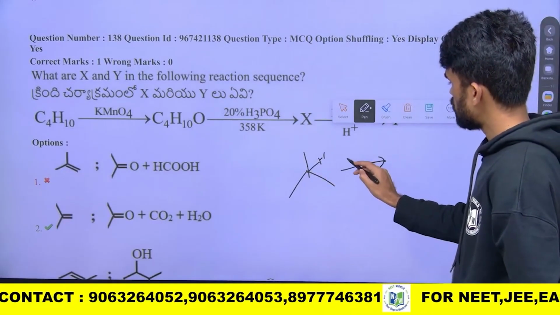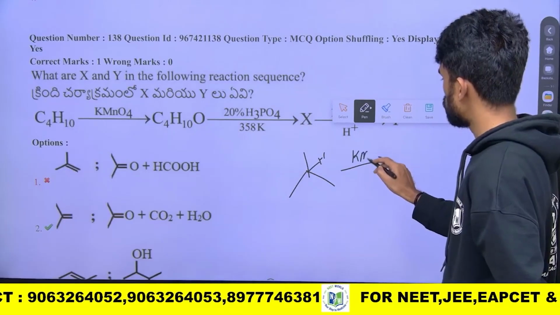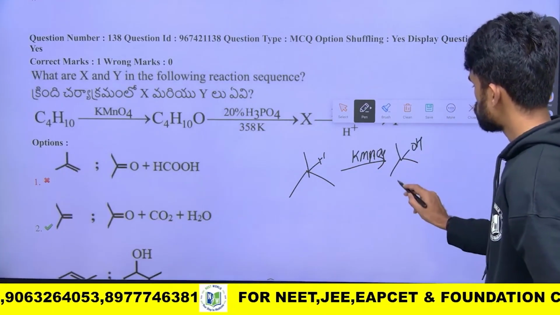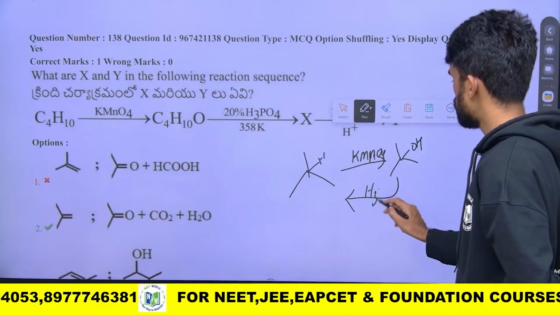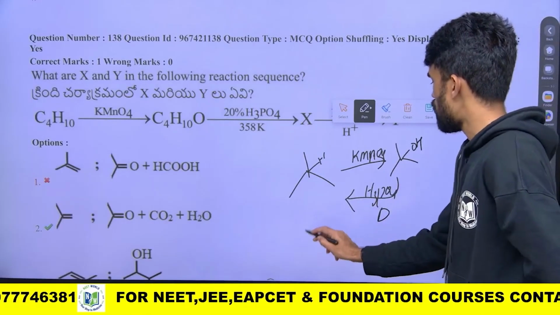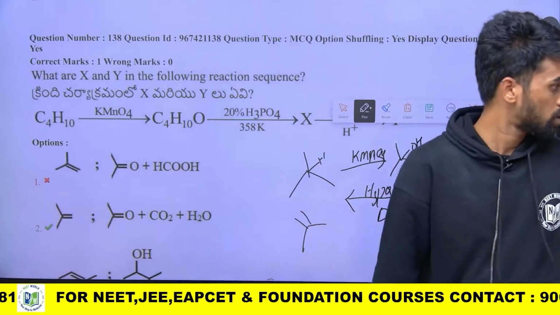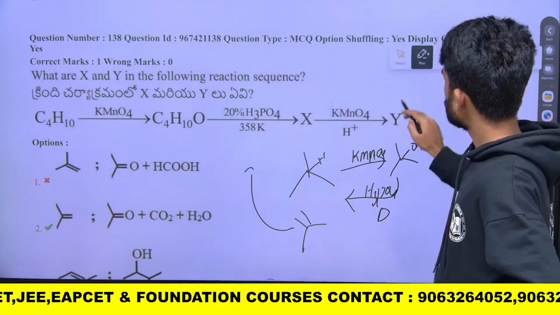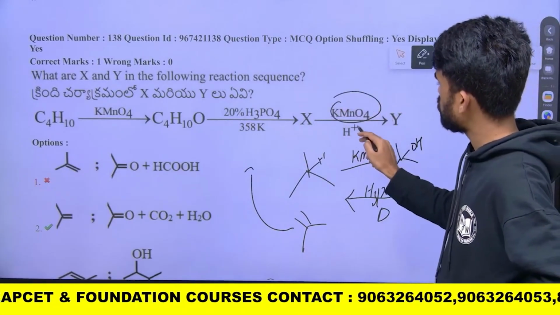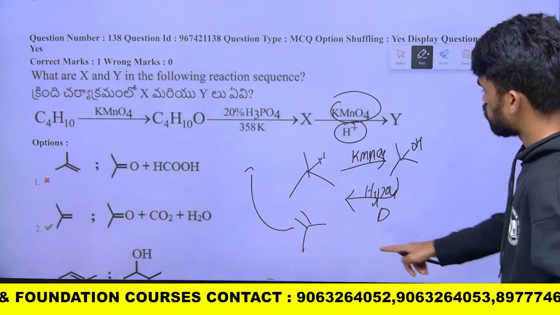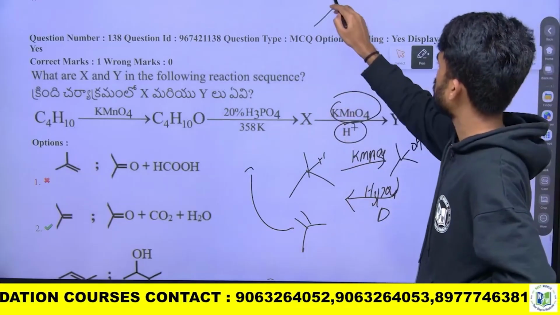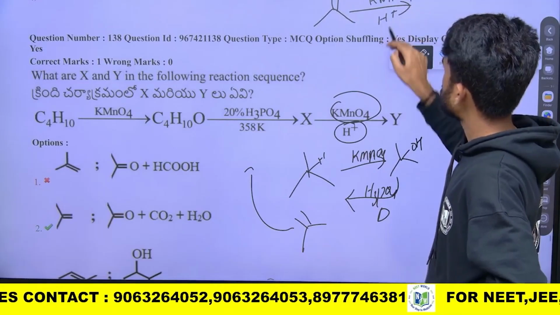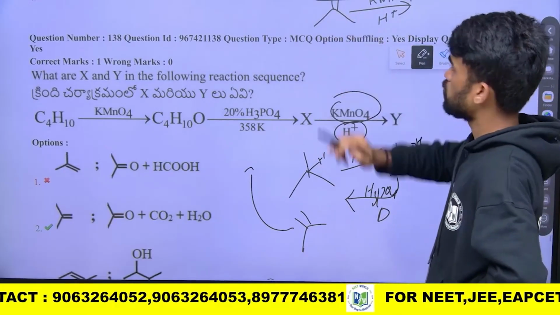Now treat this with KMnO4. It will give us an alcohol here. Now treat this with H3PO4; upon heating it gives an alkene as the product. This alkene, upon treating with KMnO4 under acidic medium, we cut into 2 equal halves.